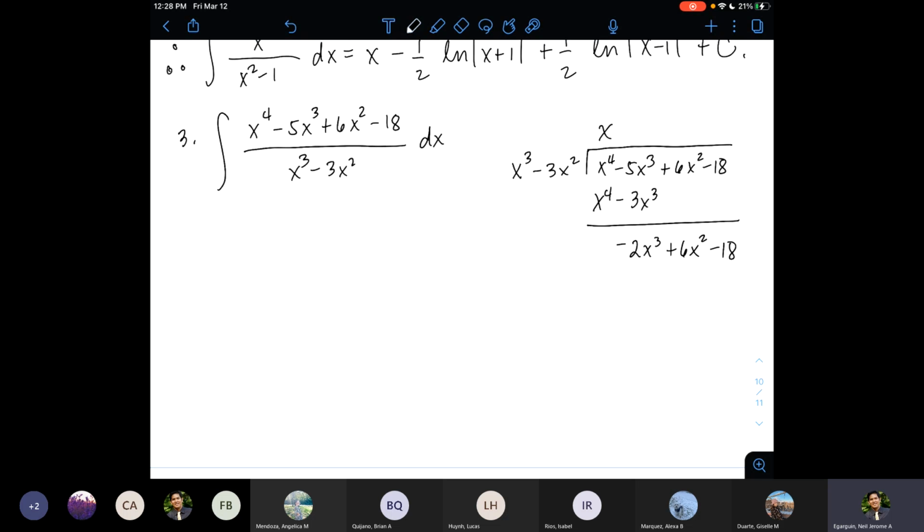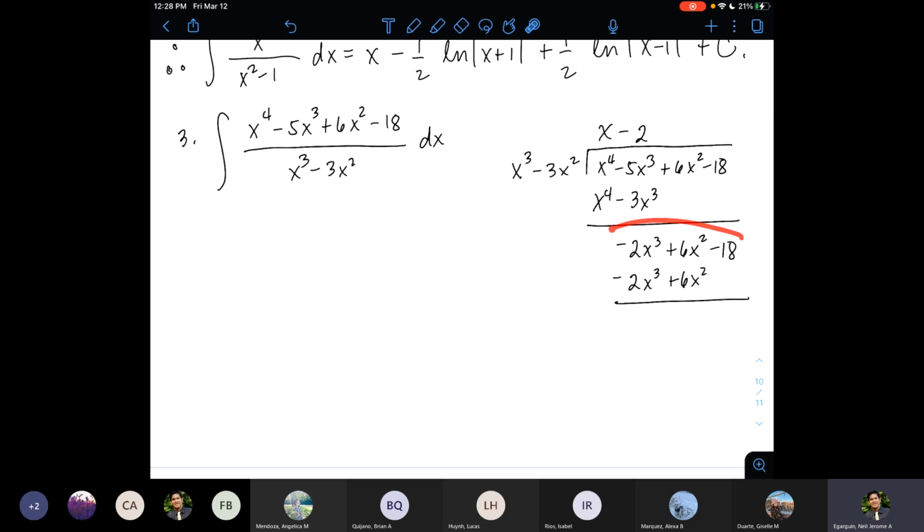And then we repeat the process. Take the first term here, divide it by the first term there. So you have minus 2x cubed divided by x cubed. That's minus 2. Then multiply what you got, negative 2 times the entire divisor. So we'll have negative 2x cubed plus 6x squared.